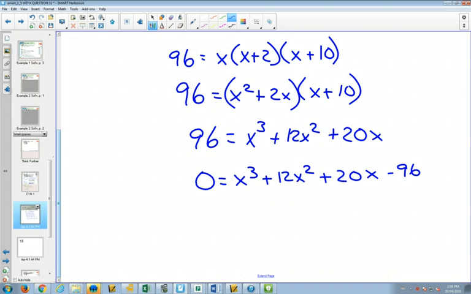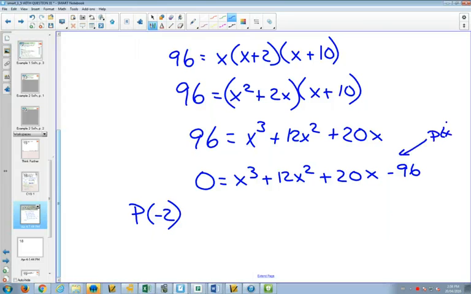How many possibilities are there with 96? 1 and 96, 2 and 48, 3 and 32. There's a lot of them. Okay? So you try plugging in 1. It doesn't equal 0. Try plugging in negative 1. It doesn't equal 0. You keep trying things until you plug in 2.